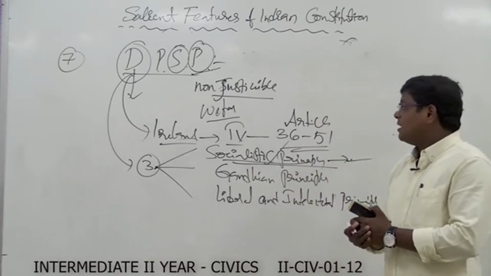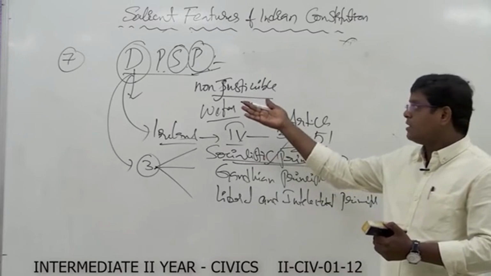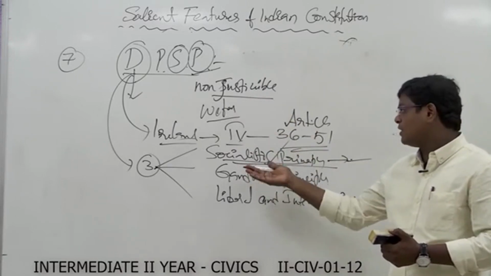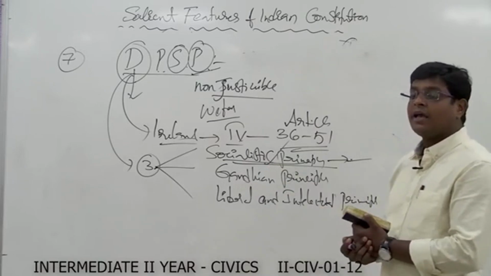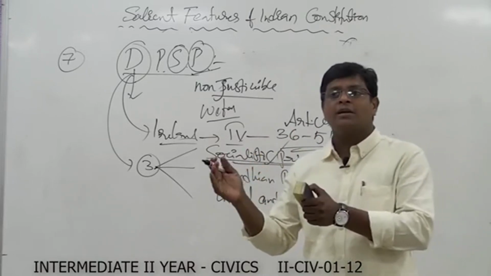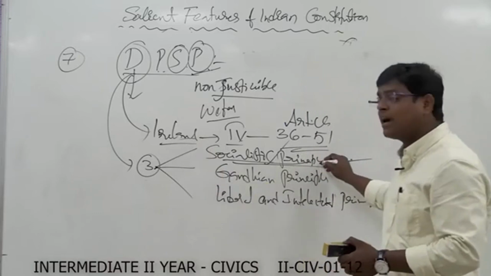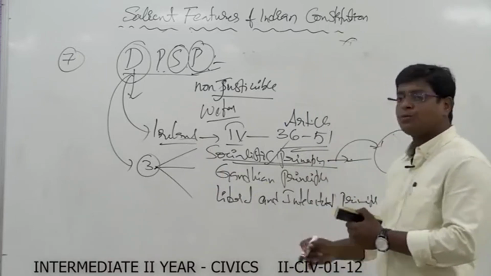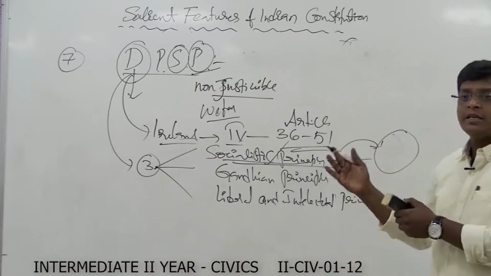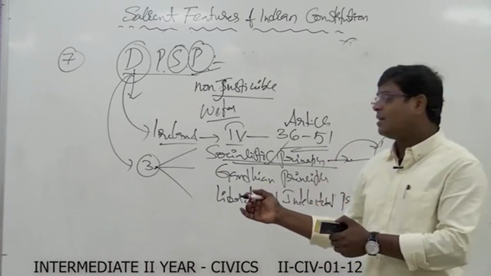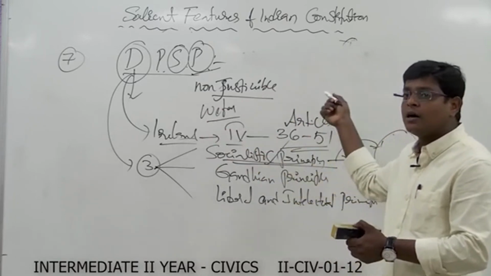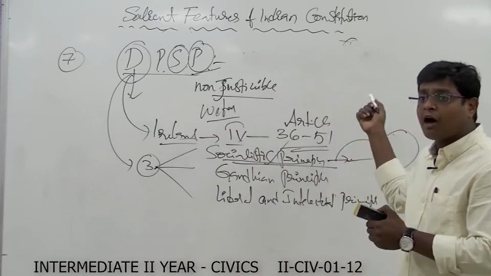That means the Constitution of India gave some guidelines on how India can become a socialistic country. If India implements these directive principles, India becomes a socialistic country. These are the directives given by the Constitution to the Government of India and the States.